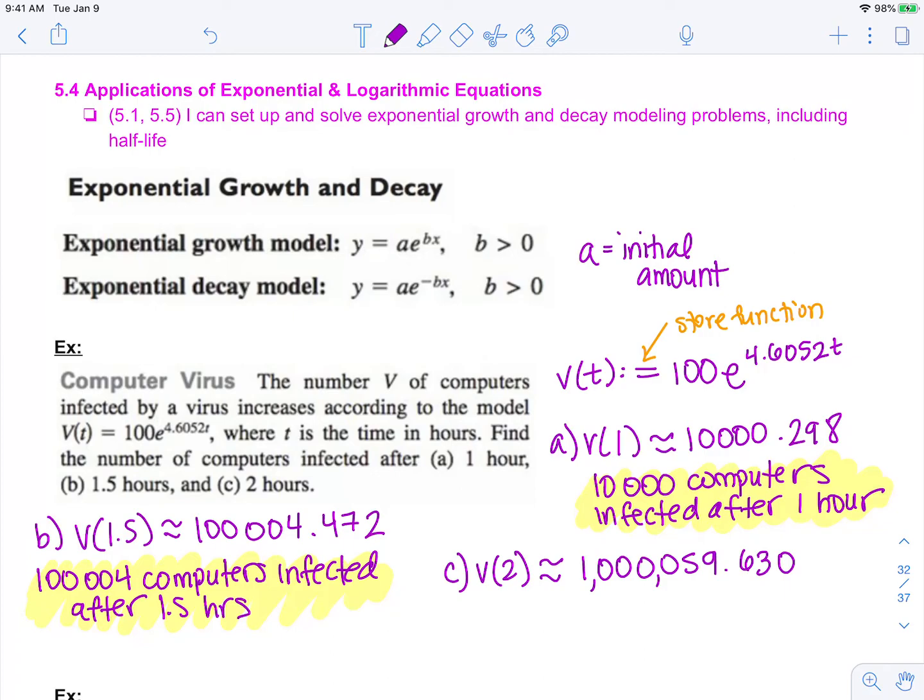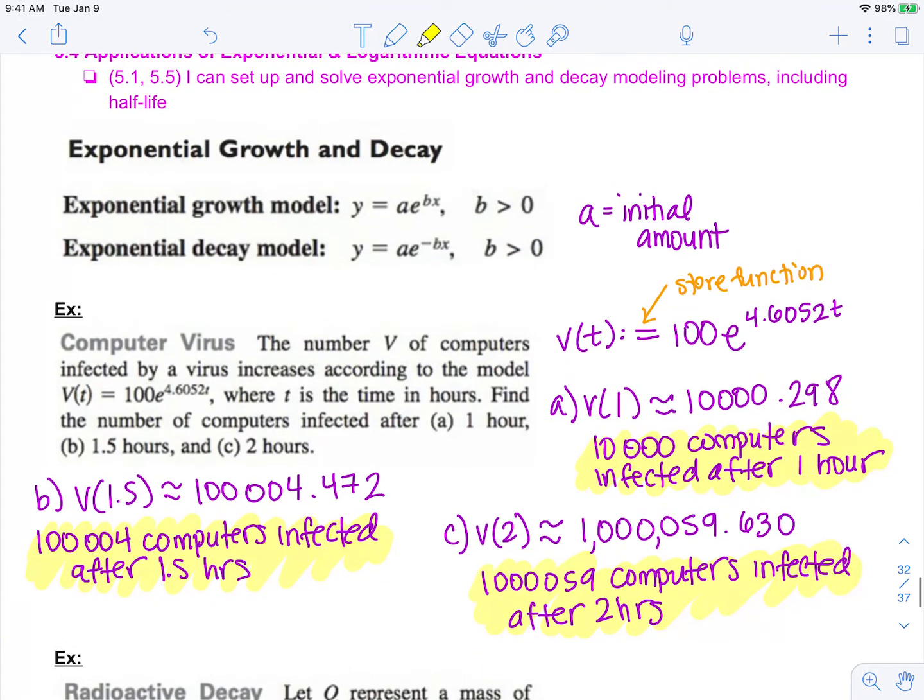So for me, I would say we have 1,059 computers infected after 2 hours, because that 0.630 is not a full computer.